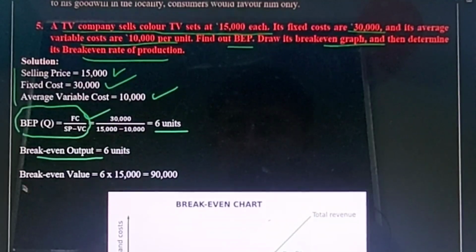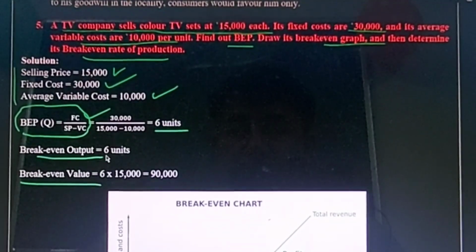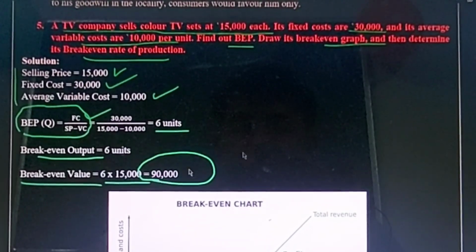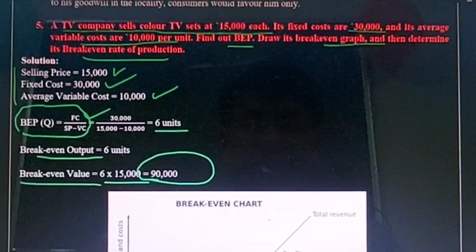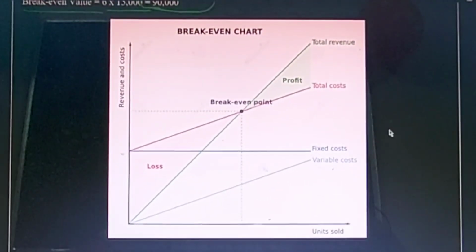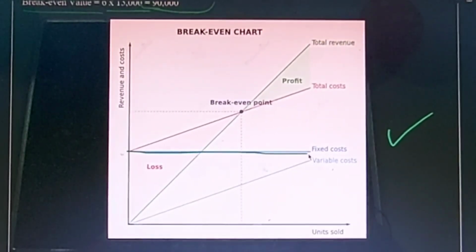Again you have to find the break even value. This 6 units multiplied by 15,000, where 15,000 is the selling price. So this 90,000 is the break even value of the commodity. Then again you can make this chart here. This particular line is the fixed cost.